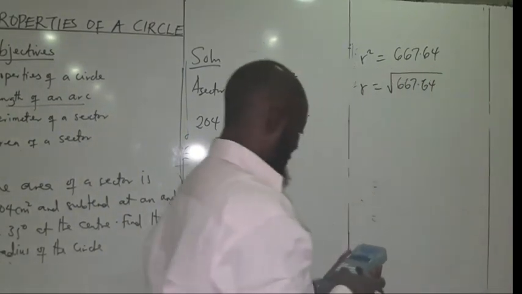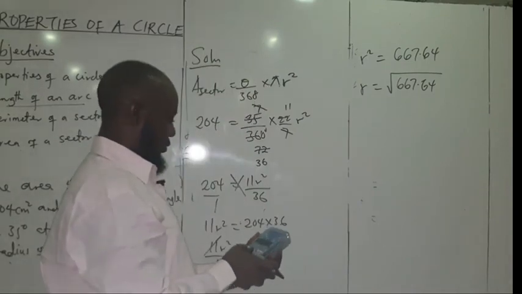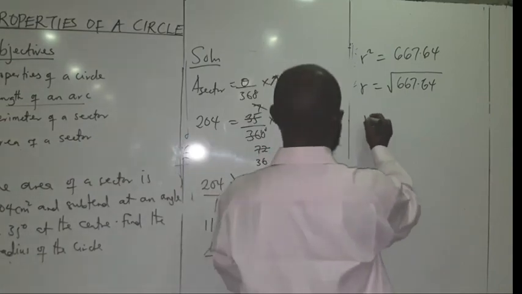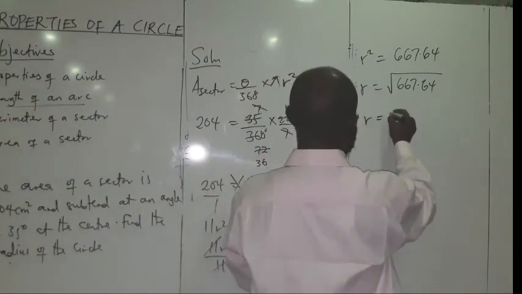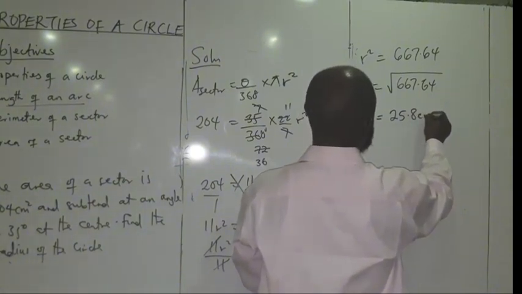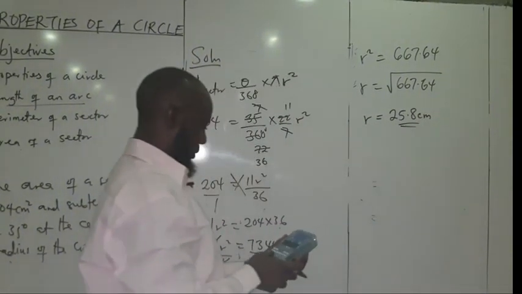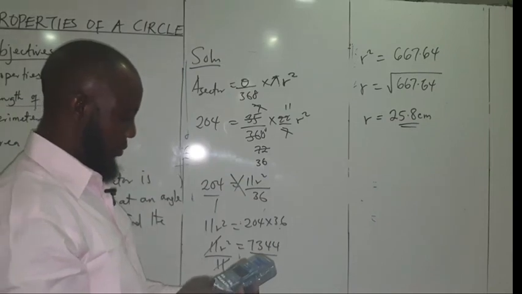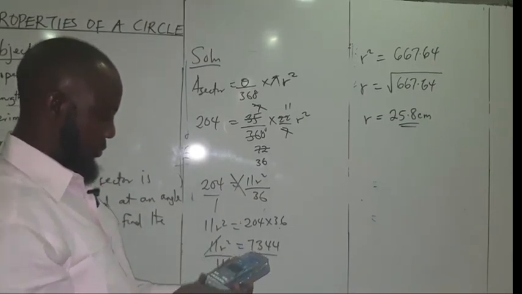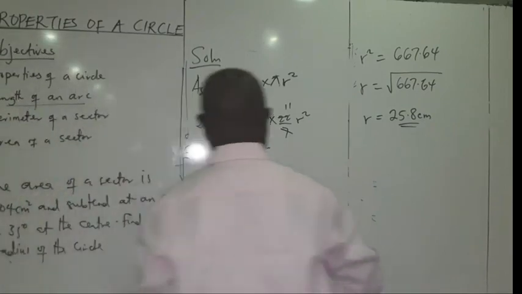So we find the square root, and this will then give us r equals 25.8 centimeters. Alright, so that's 25.8 centimeters.